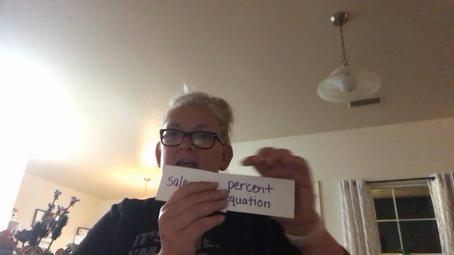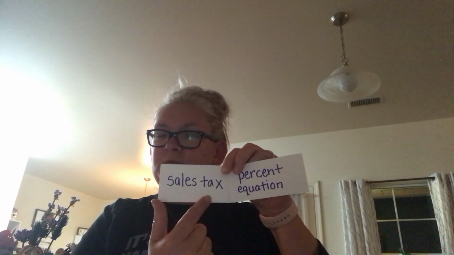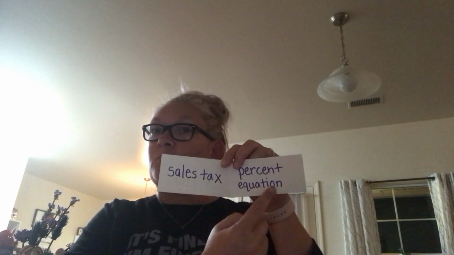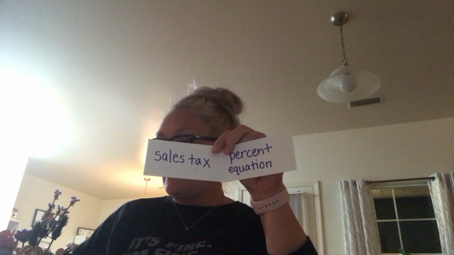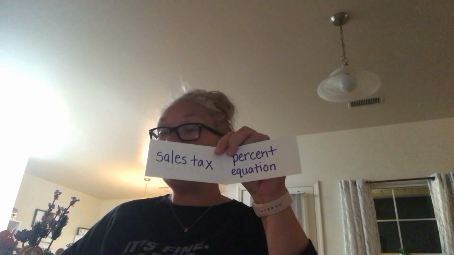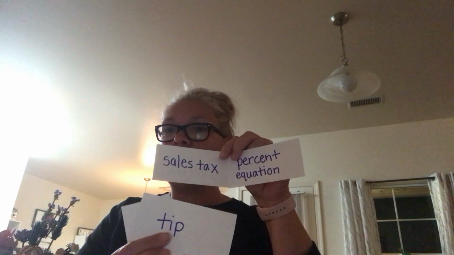Okay? So let's talk about a few places where, before we talk about that, let's go ahead and add to our word wall. Our word wall already has these two words, sales tax, which we talked about yesterday, and percent equation, which we dealt with last week. So we're going to add today's two new vocabulary words, tip and gratuity.